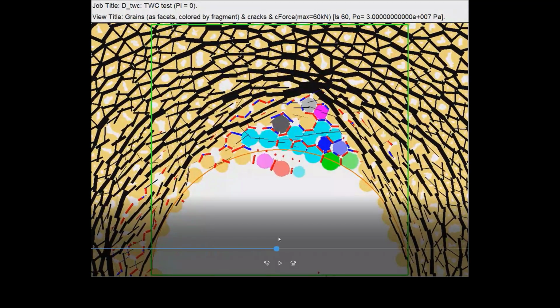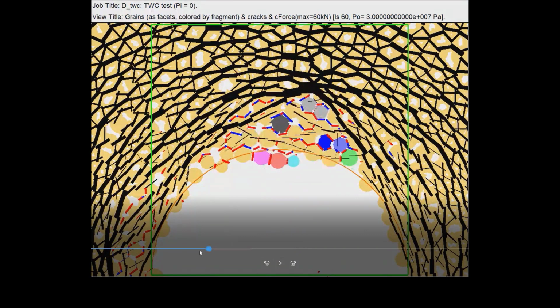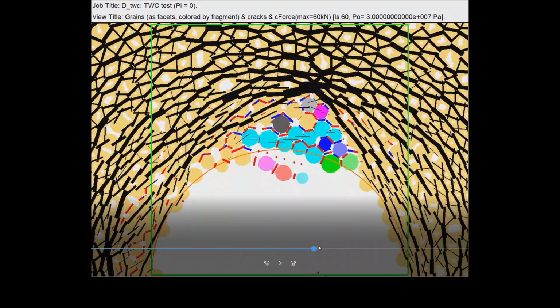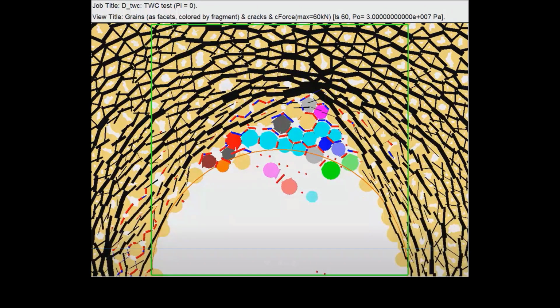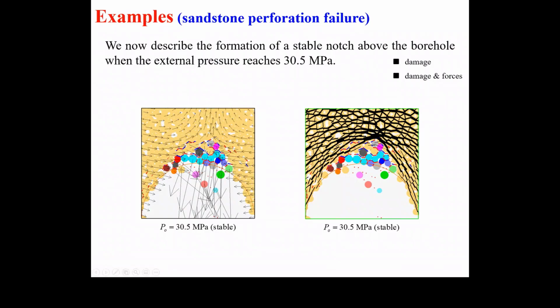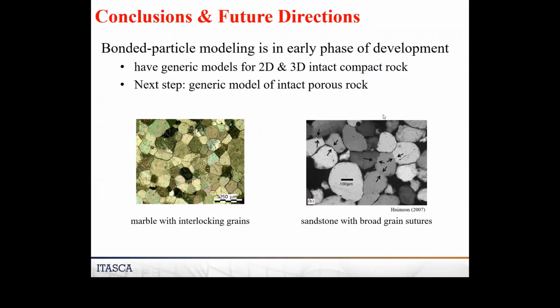Notice also that the load can't flow here, it flows to the tip. Now watch that tip form, it gets really thick. You get high compression at the tip, that strengthens the rock, and it shuts down the process. That's why you get these breakouts. So we're reproducing the mechanisms that occur.